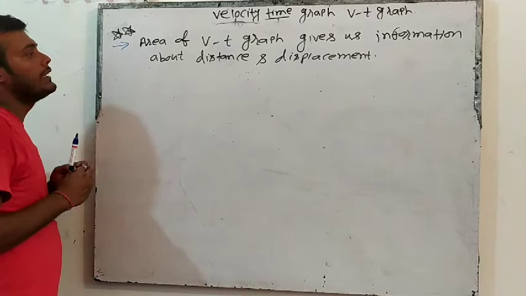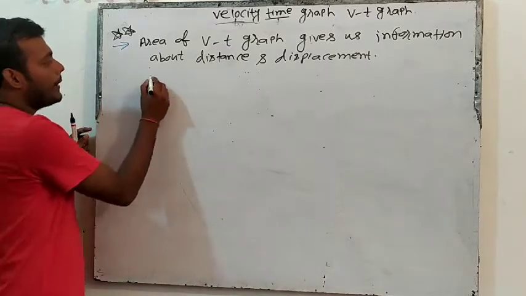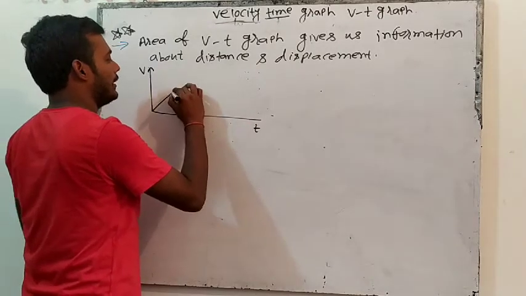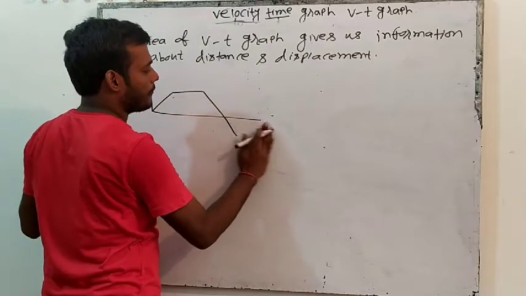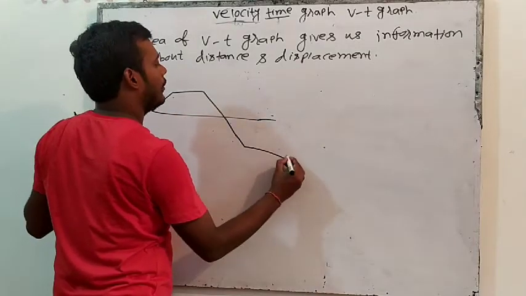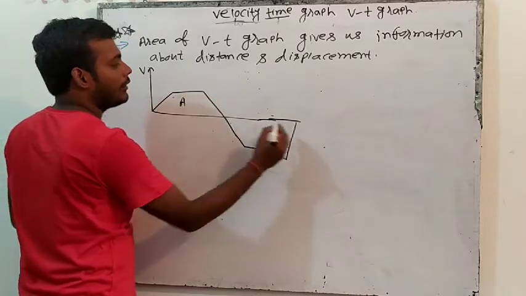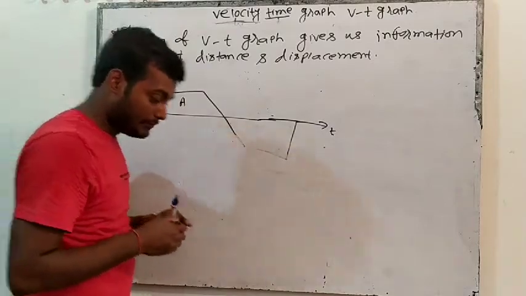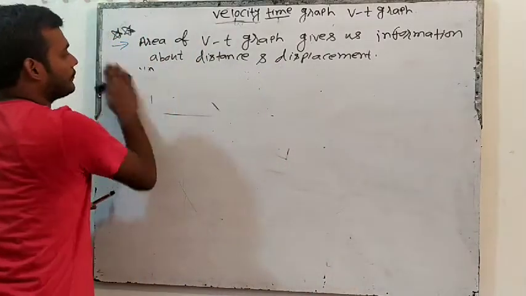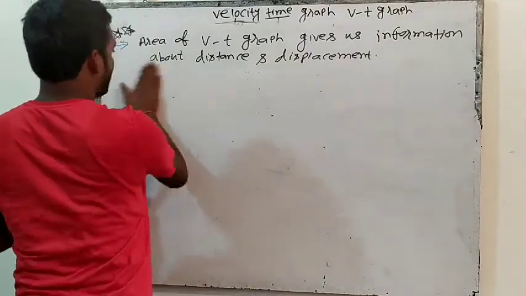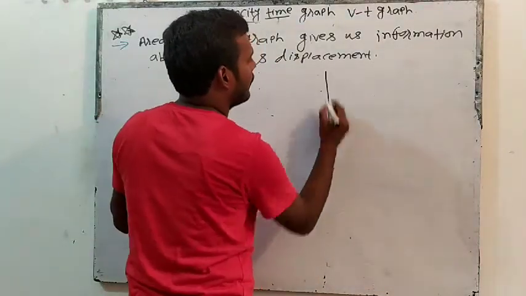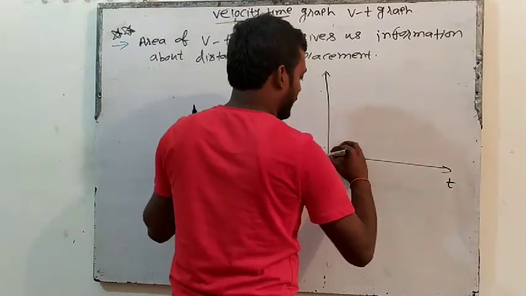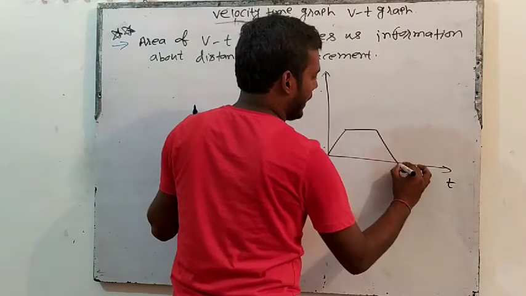If they give you any velocity time graph like this, see, this is velocity, this is time, and the graph is like this. This is a trapezium.